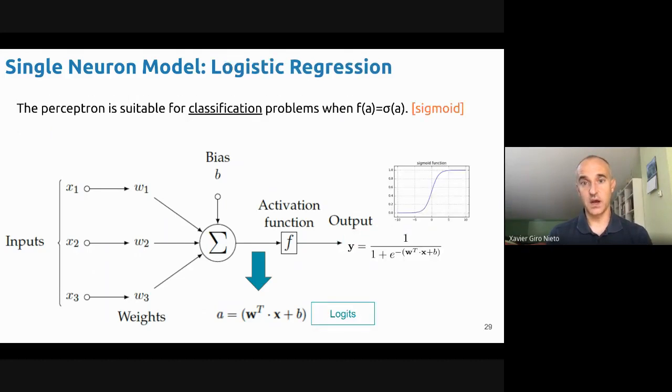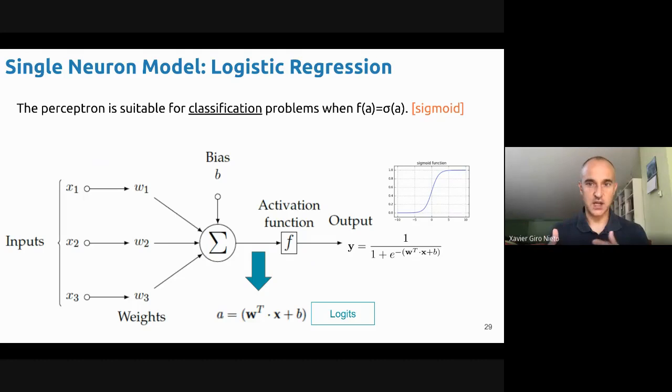What if now we don't have an identity as an activation function, but we put a sigmoid? In this case, the output will match the formulation of the logistic regression. So now our perceptron is solving a logistic regression problem. And as you saw in the previous slides, when we do logistic regression, it's because we are trying to solve in the end a classification problem.